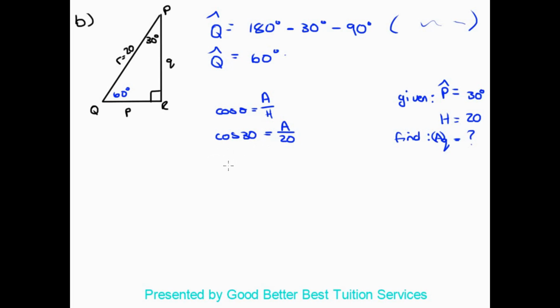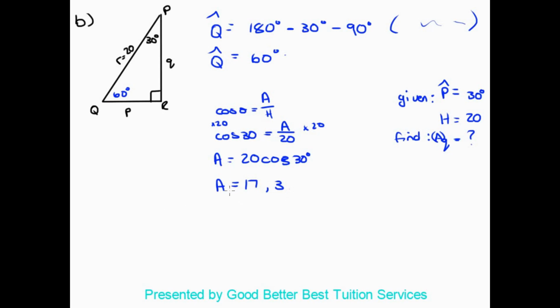And so obviously to get a by itself, we have to times out this fraction, and so we times 20 both sides. So we get a is equal to 20 cos 30 degrees, and you'll put that in your calculator just as is, and you'll get a final answer of 17.3. Remember, round off to one decimal place.